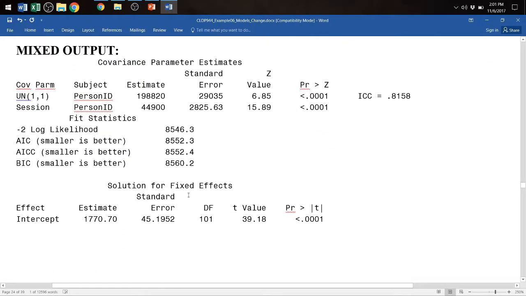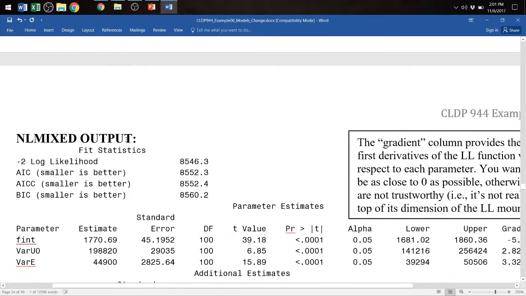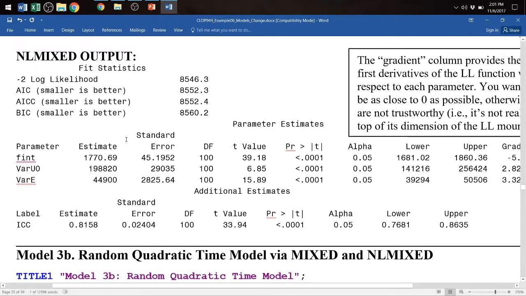So if I did this same empty means random intercept model in mixed, it would look like this, where here's my random intercept variance, here's my residual variance, here's my fixed intercept. The output from NL mixed organizes everything in one table instead, so it still gives you -2 log likelihood.